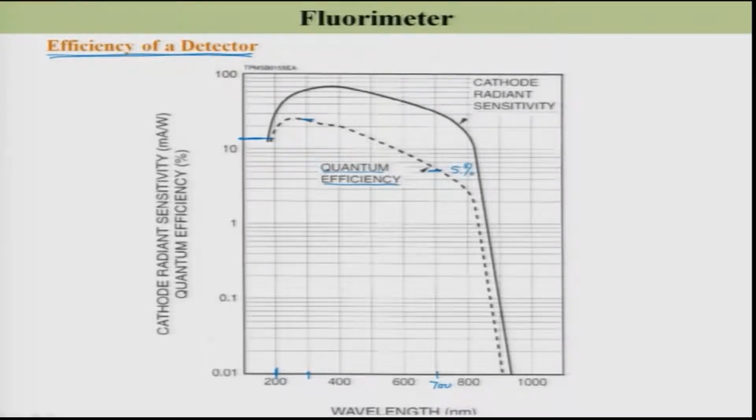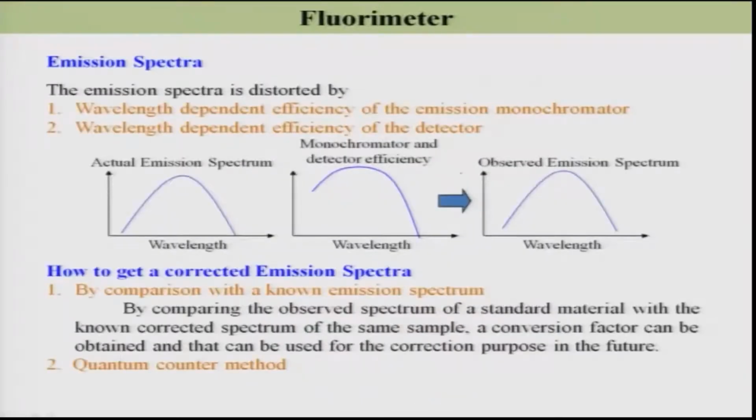So, efficiency is a function of wavelength for this detector, and for that reason, if this is the actual emission spectra of your species, as I showed here, but together the monochromator and detector efficiencies are not ideal and are of this kind of shape, then this shape will be multiplied with the actual spectra and you will get your emission spectra accordingly.